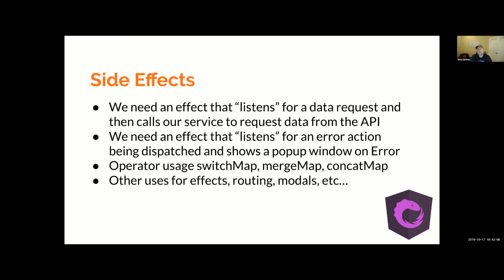And then we need an effect that maybe listens for an error or failure action that's dispatched, and when that happens, we could show a pop-up window with the error message. We're going to use RxJS for that, so you should be familiar with it. And we're going to use operators like switchMap, mergeMap, concatMap, and show how they're different, because they do behave quite differently.